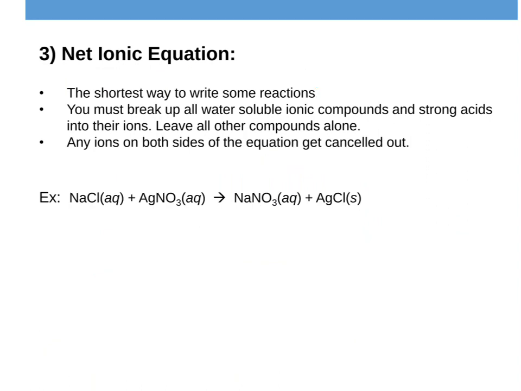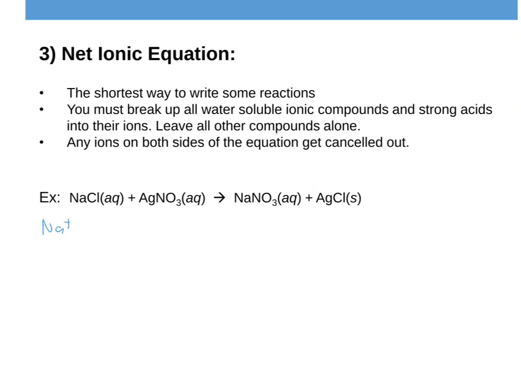Let's do another one of these net ionic equations, but for this one, we have to break everything up. I'll do this kind of quickly because I already broke this up on previous slides. At first, I need to take my complete equation, my molecular equation, and turn it into an ionic one.